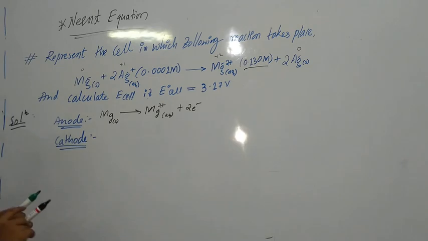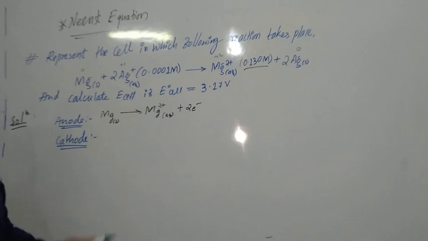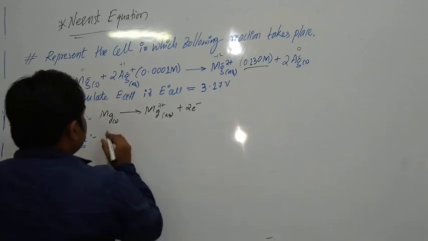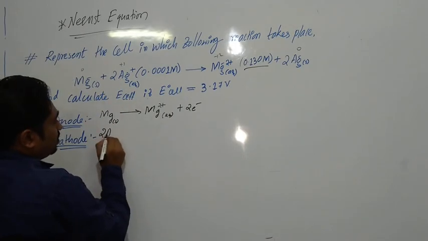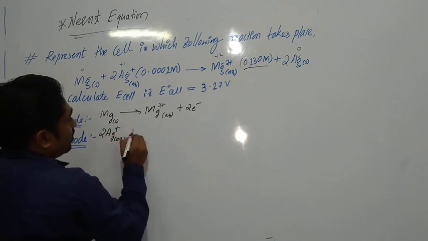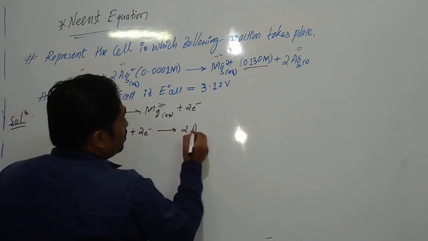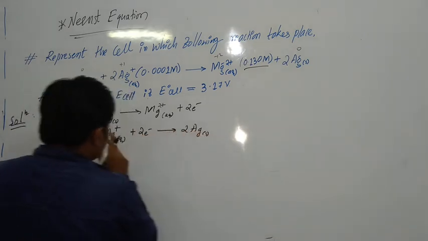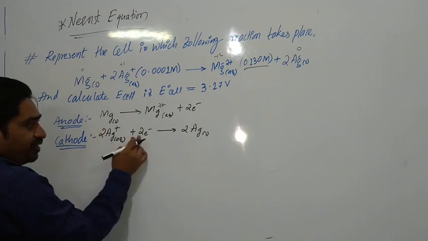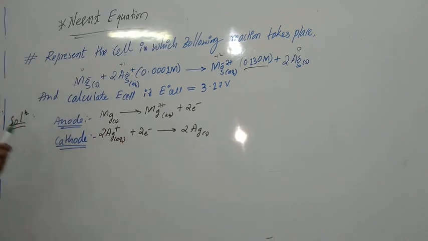Yes, at the cathode reduction takes place. Magnesium is oxidized, obviously silver is reduced. So here write the reduction reaction: 2Ag+ plus 2 electrons gives 2Ag. To reduce 1 mole of silver, we need 1 mole of electron. To reduce 2 moles of silver, we need 2 moles of electrons.